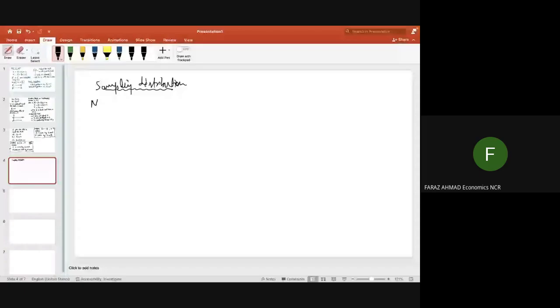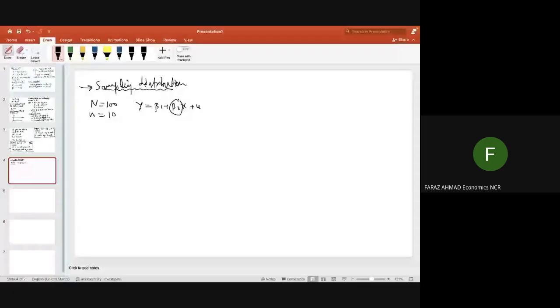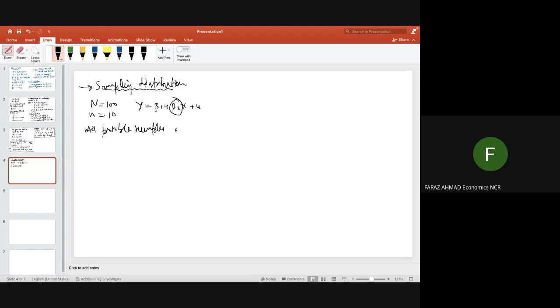Sampling distribution is nothing but if you have a population size of 100 and you are taking a sample of size 10, then if you want the sampling distribution of a parameter, if you're running a regression and you want to have a sampling distribution of beta 2, suppose, then you have to collect all possible samples of size 10 from the same population of size 100.